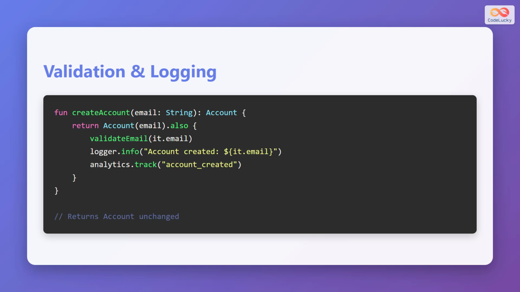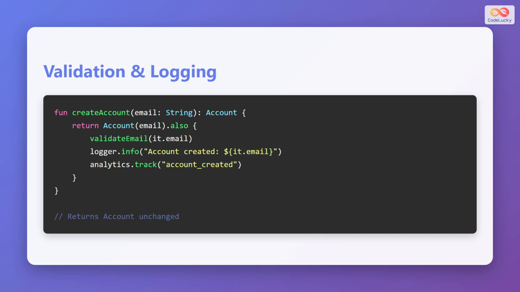Let's explore a more advanced real-world use case, combining validation with logging in a function. In this createAccount function, we create a new account object and immediately use also to perform 3 side effects. First, we validate the email address by calling a validation function. Second, we log an informational message about the account creation.